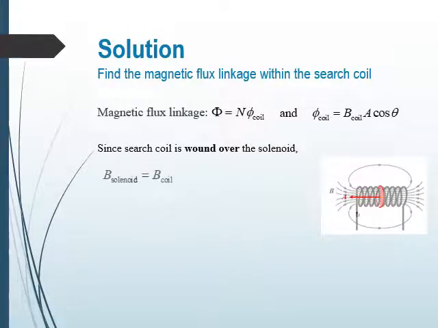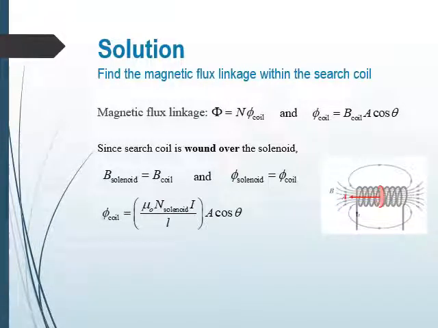So we have B solenoid, which refers to the center of the solenoid, is equal to B coil. And since both of them have the same cross-sectional area, we can say phi solenoid is also equal to phi coil. So let us calculate the magnetic flux that passes through the search coil first.